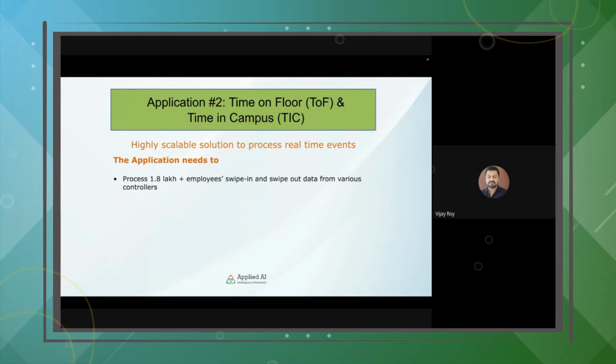And this MNC had offices across the globe, more than 40-50 offices, all with different controllers because big buildings have multiple controllers, right? So close to 1.5 million swipes a day across 8,000 controllers located across India and 50-60 offices or more.